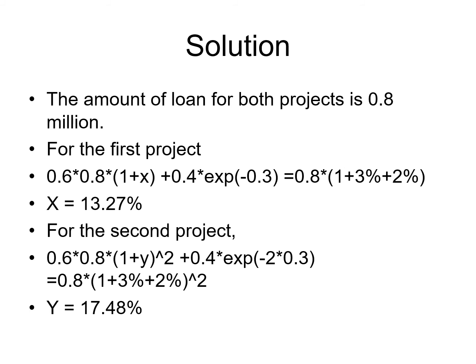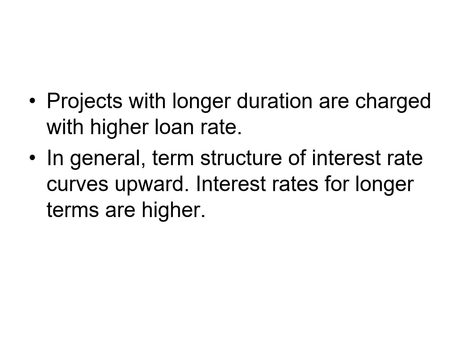And we solve to find y is equal to 17.48%. From the above calculation, projects with longer duration are charged a higher loan rate. In general, the term structure interest rate curve slopes upward. Interest rates for longer terms are higher.